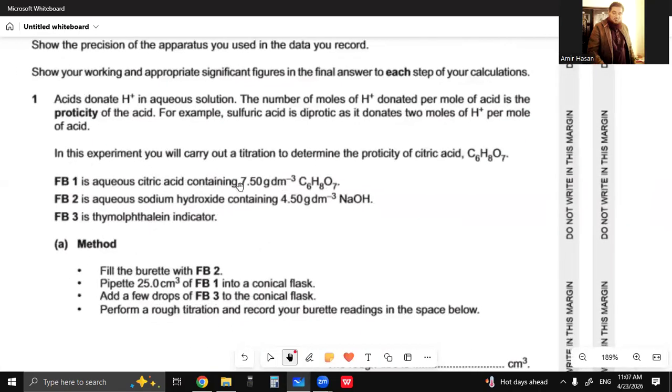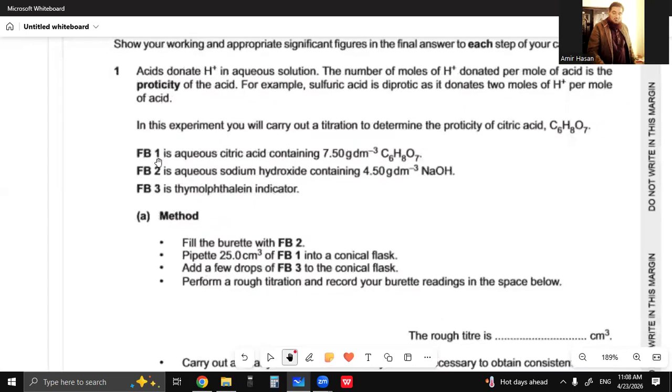In this experiment, you will carry out a titration to determine the proticity of citric acid. Citric acid also contains H plus ions, which show the proticity of the acid. Okay. Now there is an FB1 compound. What is the FB1 compound?